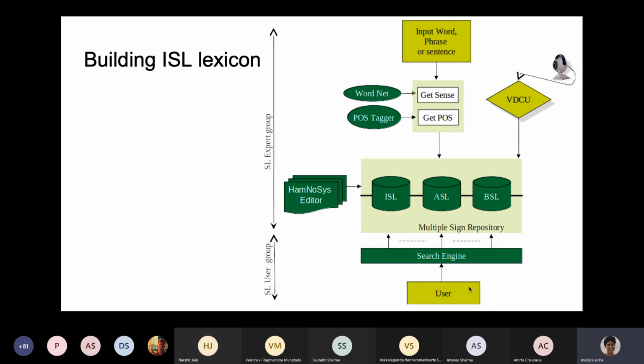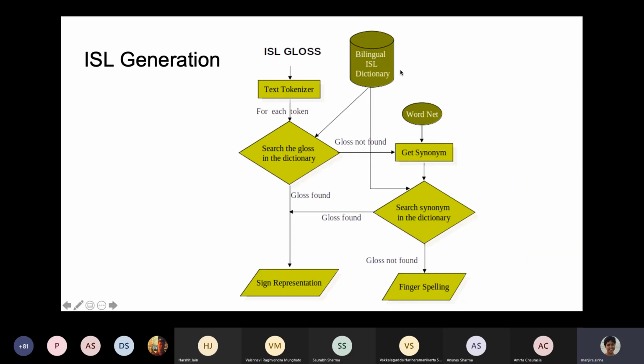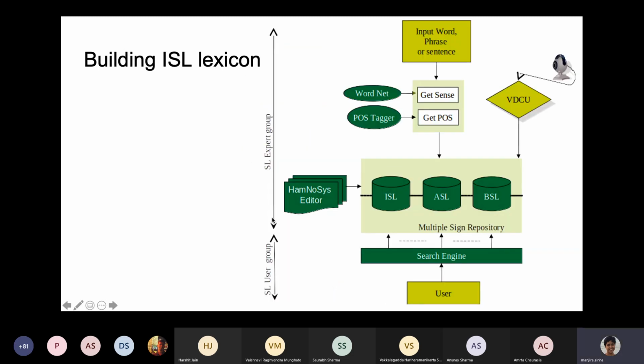Okay. And then one important component is this sign language generation. As you can see, this bilingual ISL dictionary, because the whole generation stands on it, we build with a group of sign language experts and another group of sign language linguists, or any one of the groups.